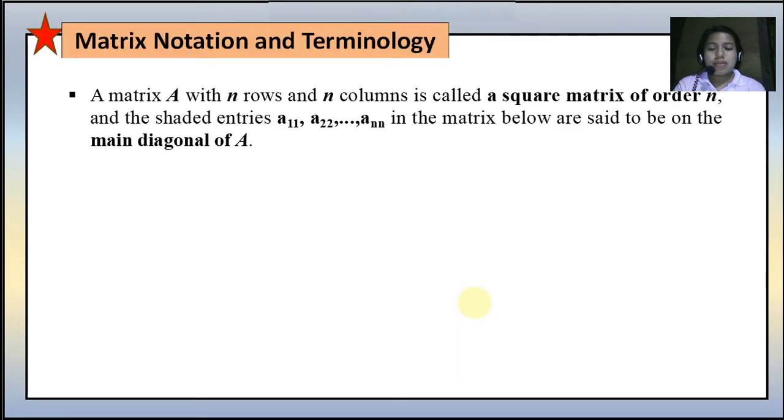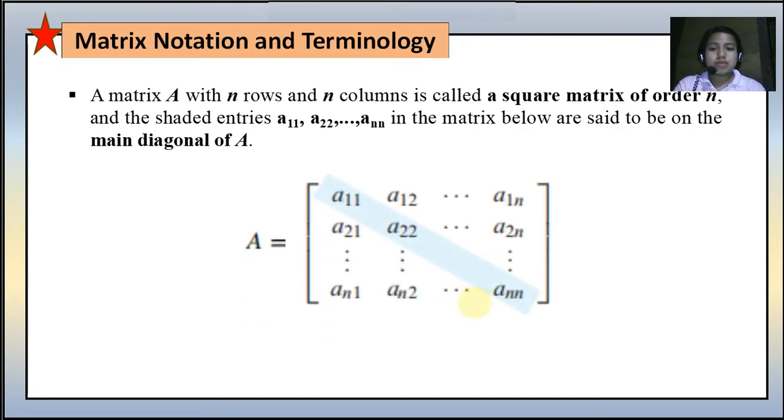So another one, a matrix A with n rows and n columns is called a square matrix of order n. And the shaded entries A sub 11, A sub 22, up to A sub nn in the matrix below are said to be on the main diagonal of A. As I mentioned a while ago, n by n means that we have the same number of rows and the same number of columns, and it is called a square matrix of order n.